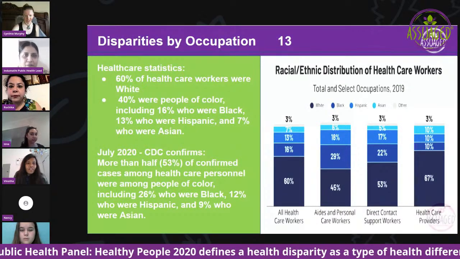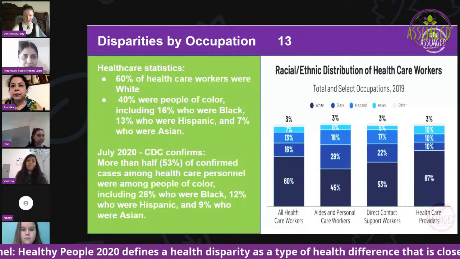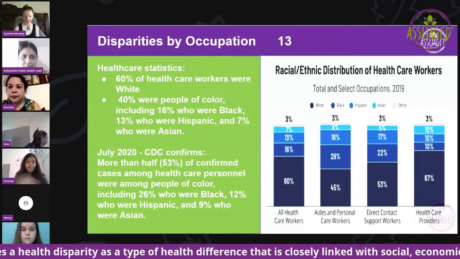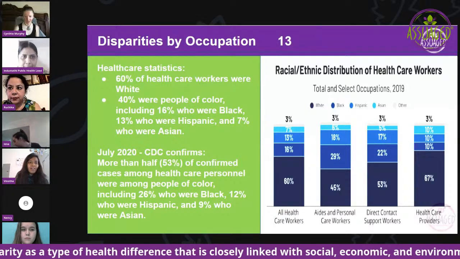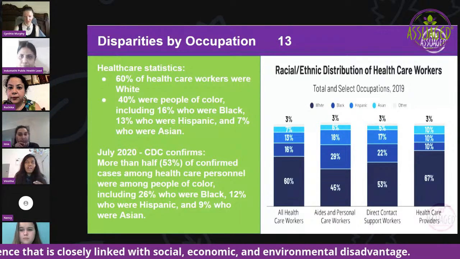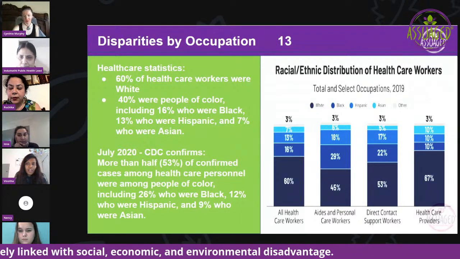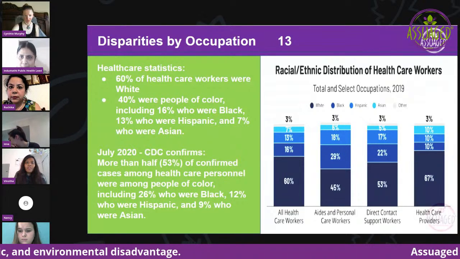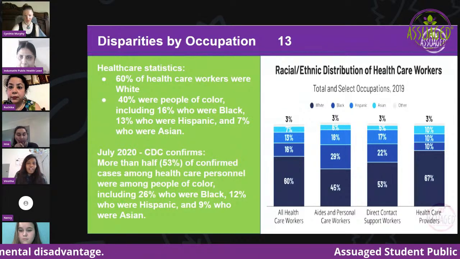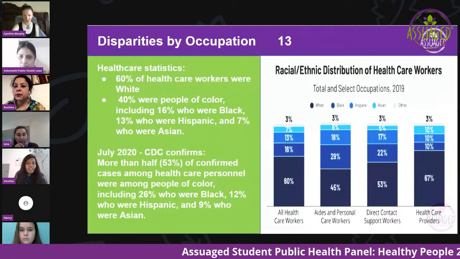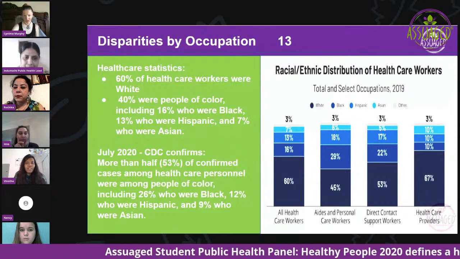So let's move on to the disparities by occupation. As Ruchika has clearly covered how much races have been affected without health insurance coverage, we see that about 60% of healthcare workers are white, and 40% are people of color, including 16% who are Black, 13% who are Hispanic, and 7% who are Asian.